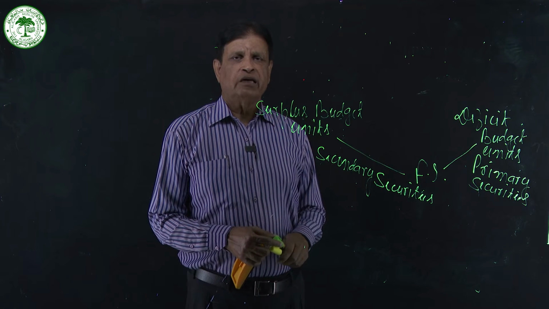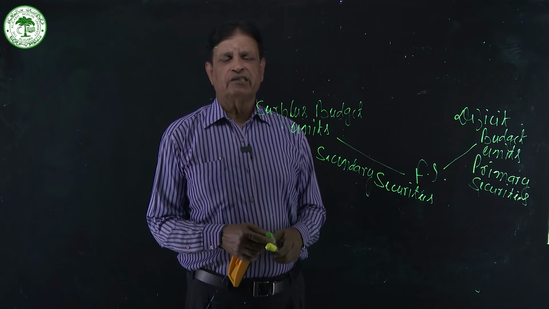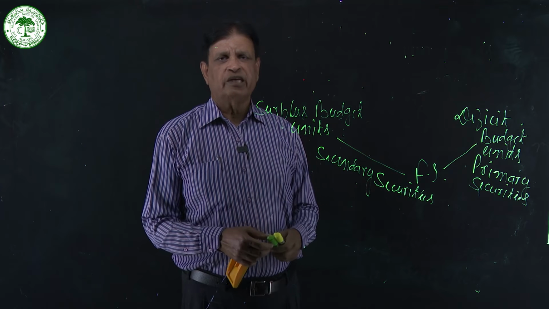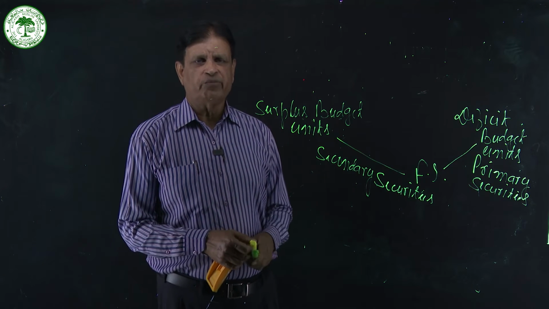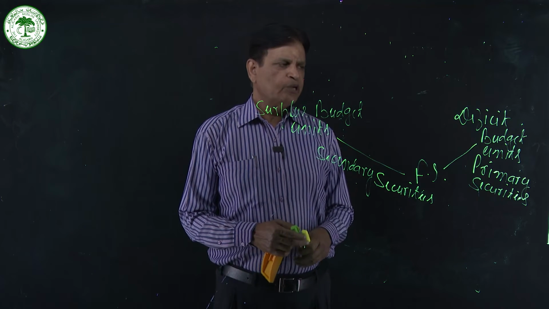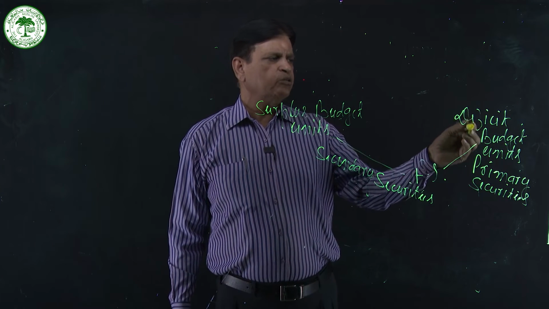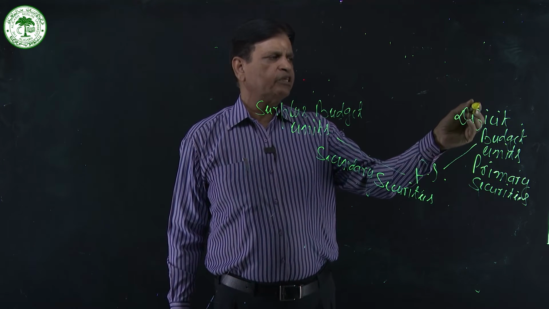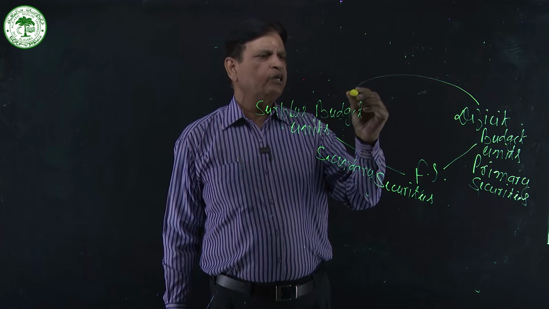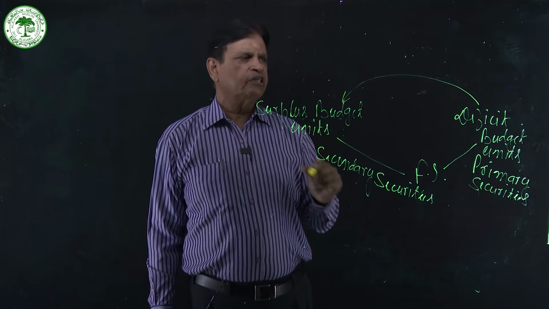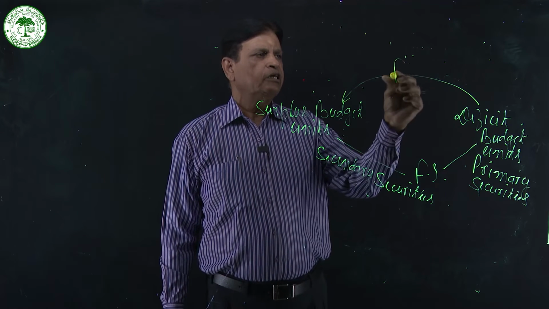Even the money issued by the central bank is also a secondary security. It will not be a primary security. Primary securities are issued by the deficit budget units, and these may also be directly purchased by the surplus budget units.